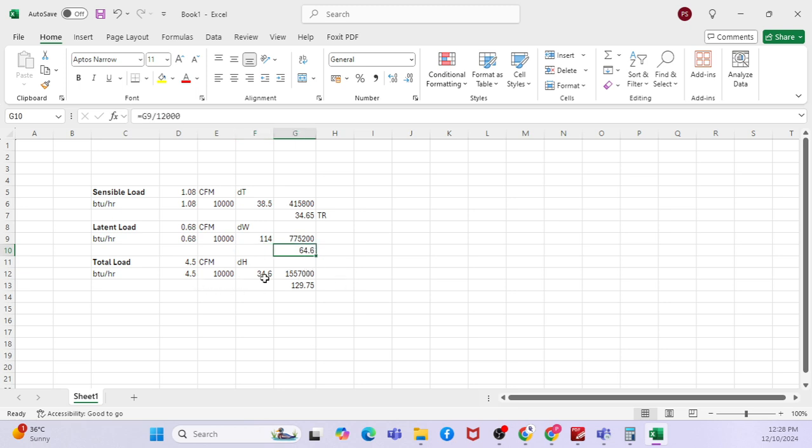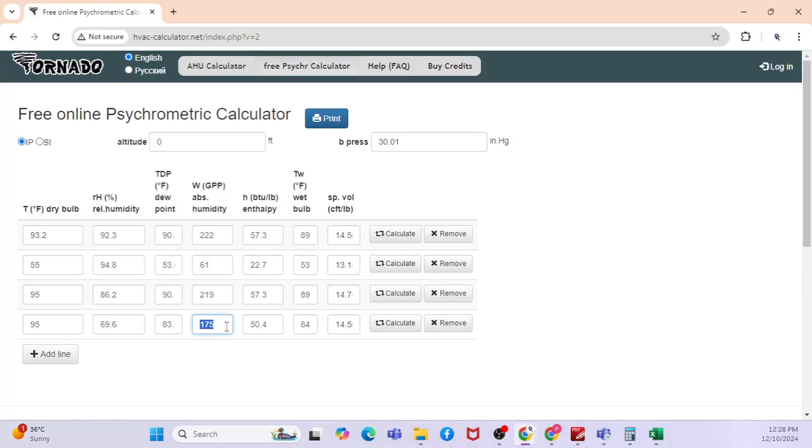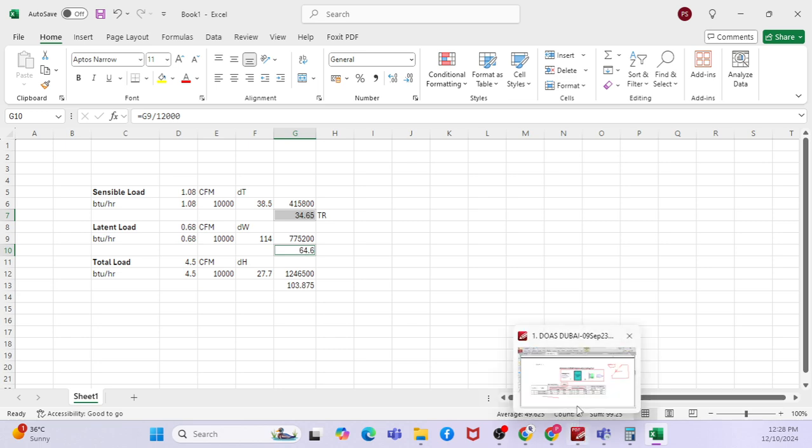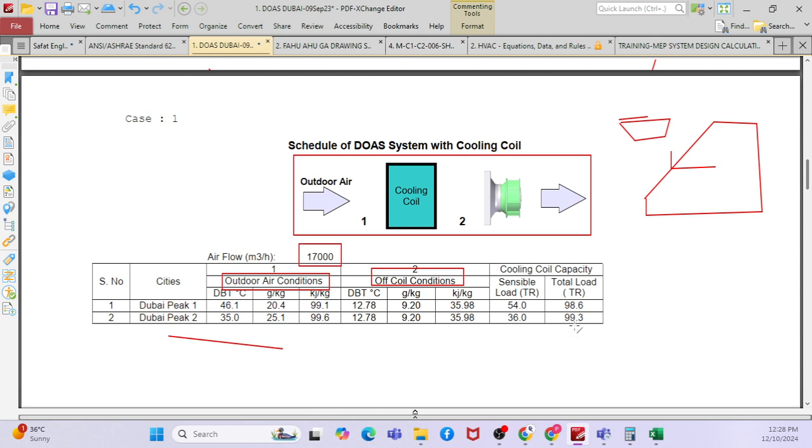So if I go to the delta H, which is 50.4. Now you can see which is 99.29. So 99 point, exact the same value, right? Total load. Yes.